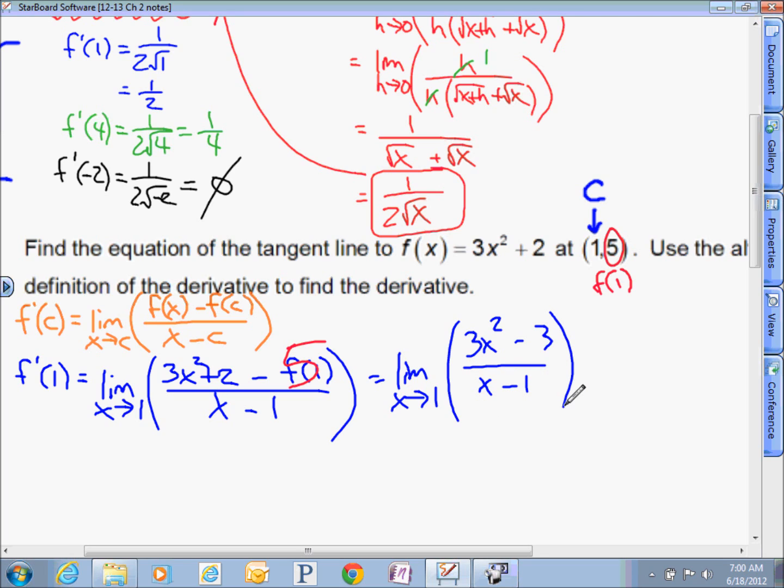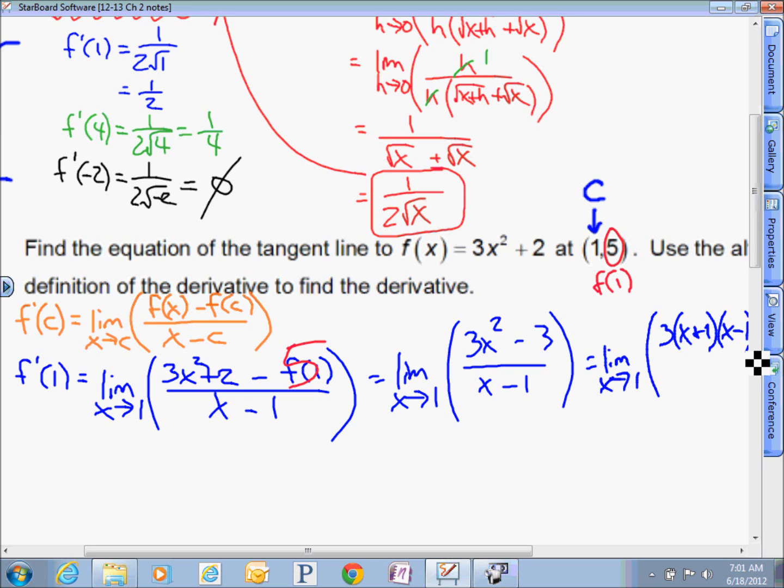And by the way, the thing you're going to find out with this alternative form of the definition of the derivative, because you're taking the limit as x approaches c and there's a quantity x minus c on the bottom, your direct substitution will never work with this. So you're always going to have to play around with it. What are we going to do here? Well, I'm kind of feeling like let's take out a 3 and let's factor this to x plus 1 and x minus 1.